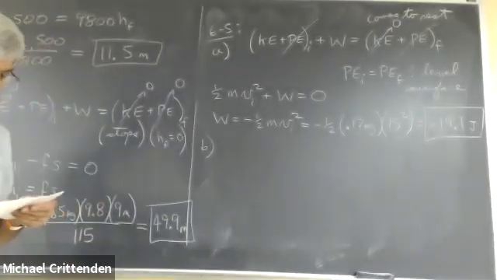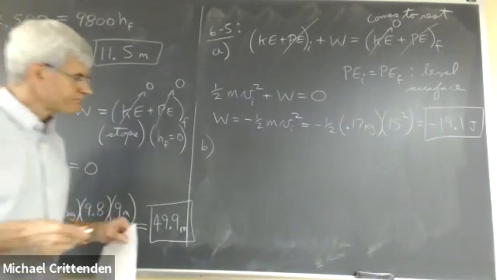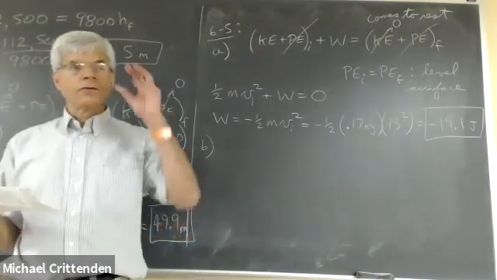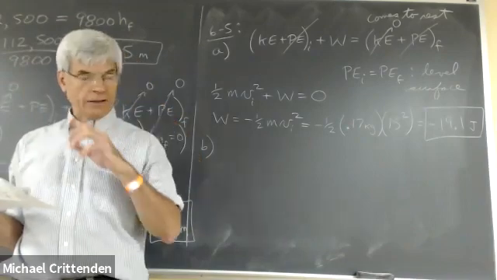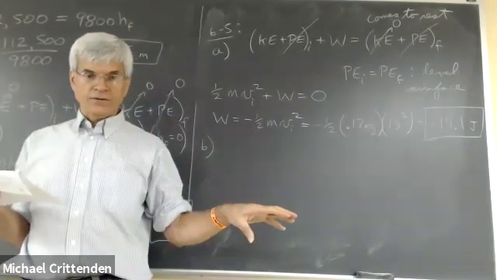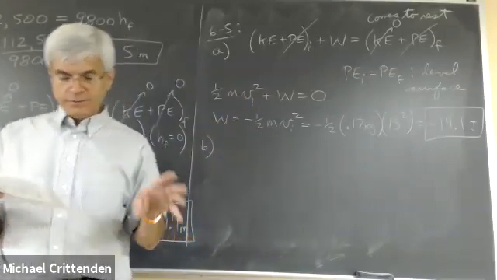Part B. How much force did friction exert as it was sliding along? Well, the basic idea here is to oversimplify a little bit, just to illustrate the general idea. Work is force times distance. We know the work, we know the distance, we can get the force.